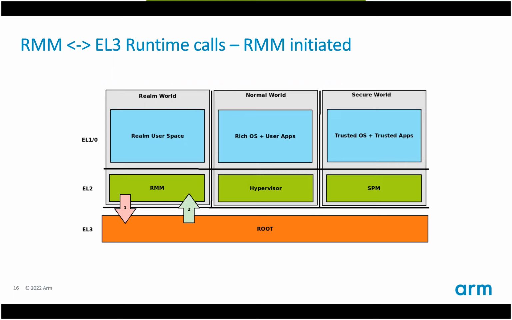In this case, it's just a normal flow as can happen, for instance, on the secure world or on the normal world. So RMM just issues an SMC call to the root world. EL3 firmware processes that, and once it has the results, it just goes back to EL2 with whatever results it has to report on the registers according to the SMC calling convention. There's not much to explain here.